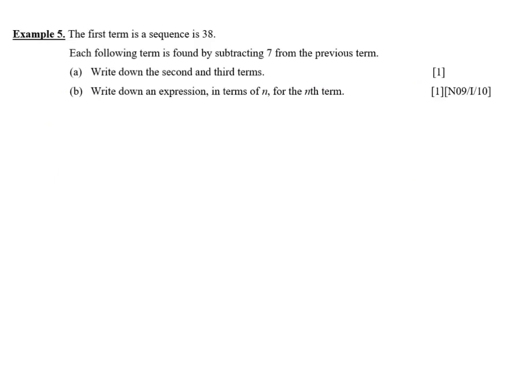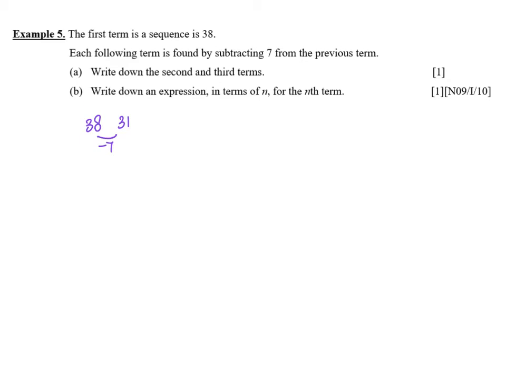Example number 5. The first term in the sequence is 38. Each term is found by subtracting 7 from the previous term. So I show minus 7. This looks like it's subtracting a common difference. So minus 7, I get 31.